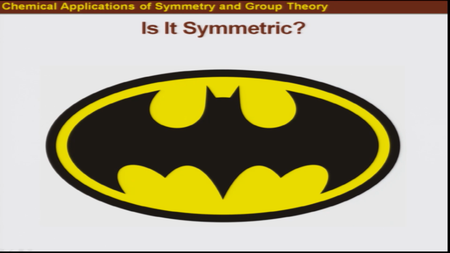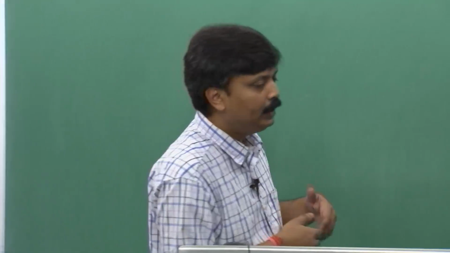Because if you look at the object in this fashion, where you look at the right side part and the left side part of this object about this line, then those two halves are like a mirrored image of each other. So you can say this is a symmetric object.